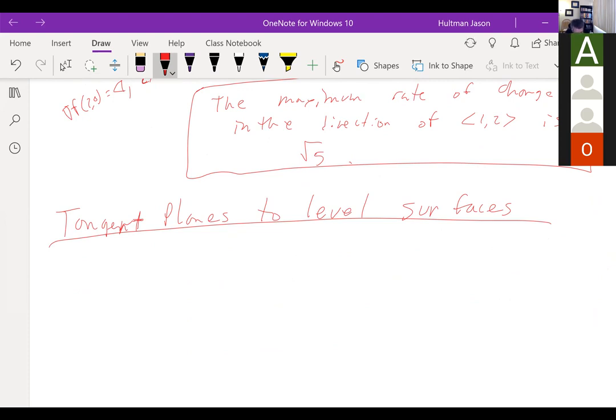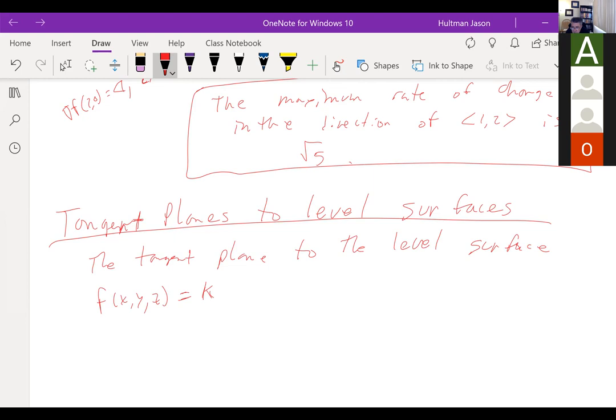The tangent plane to the level surface f(x, y, z) equals k.